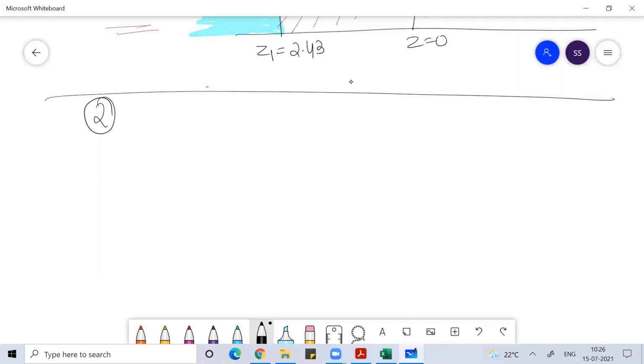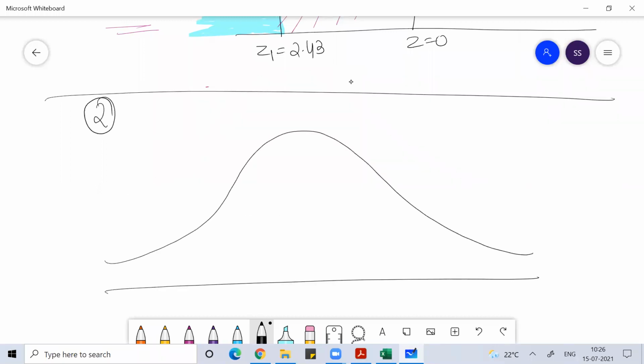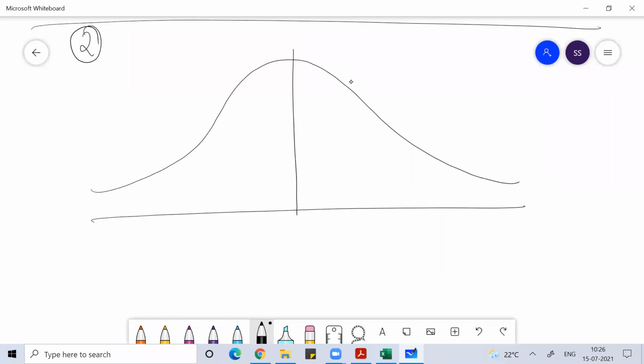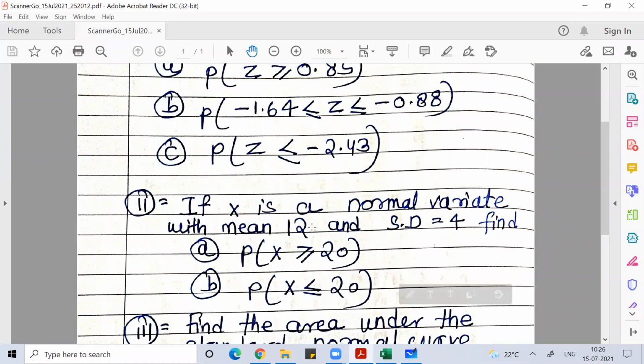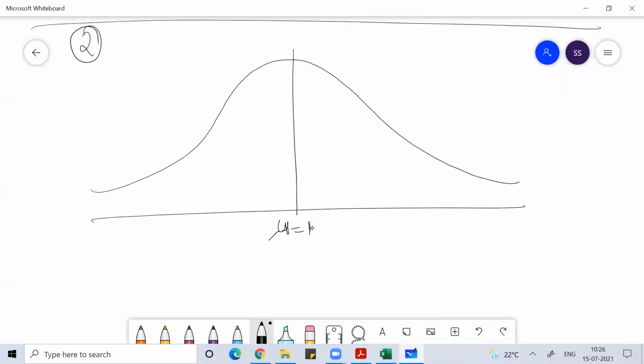So here this is the normal distribution curve. Here your mu is equal to 12, your sigma is equal to 4, and you're talking about x value equal to 20.